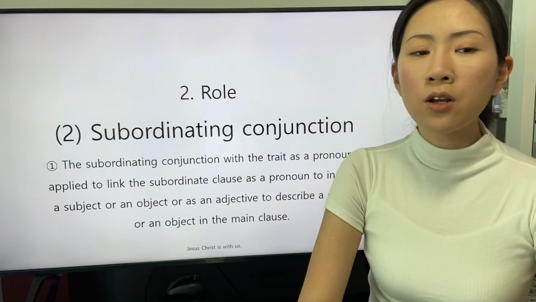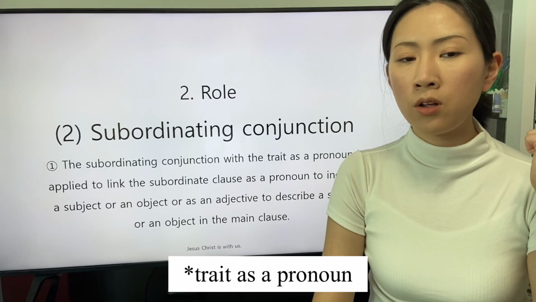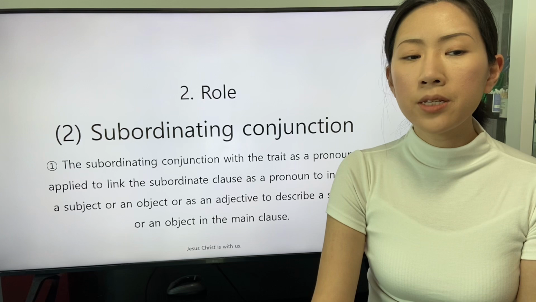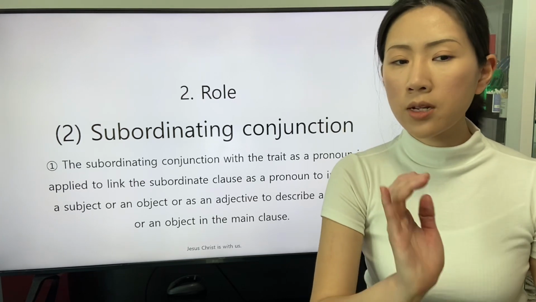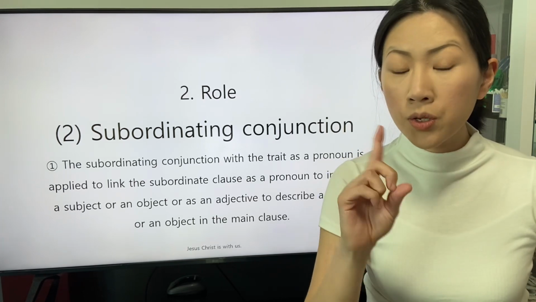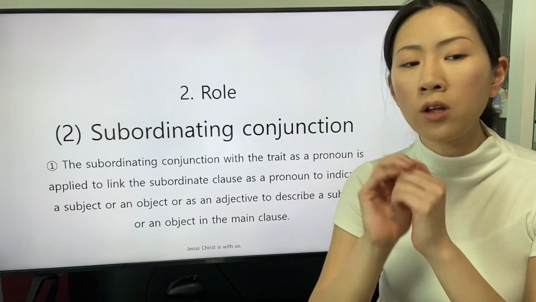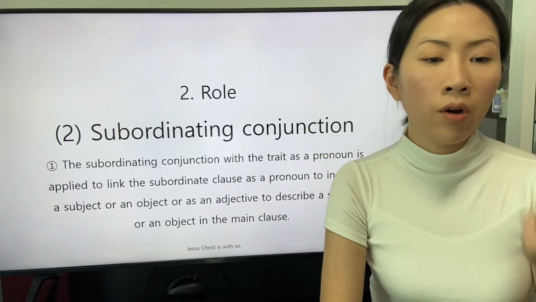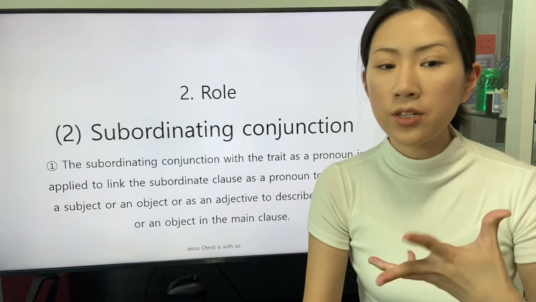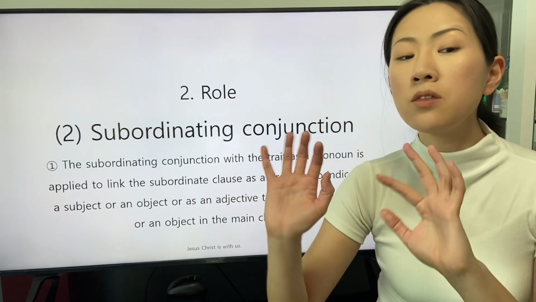The subordinating conjunction with the trait pronoun is applied to link the subordinate clause as a pronoun to indicate a subject or an object, or as an adjective to describe a subject or an object in the main clause.